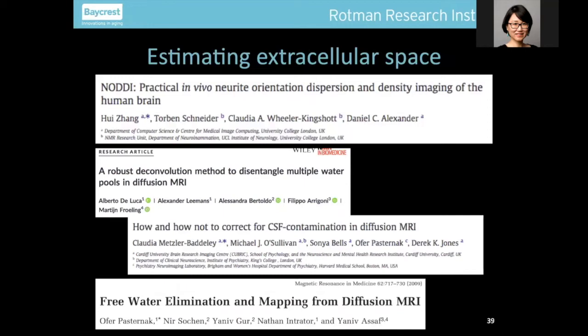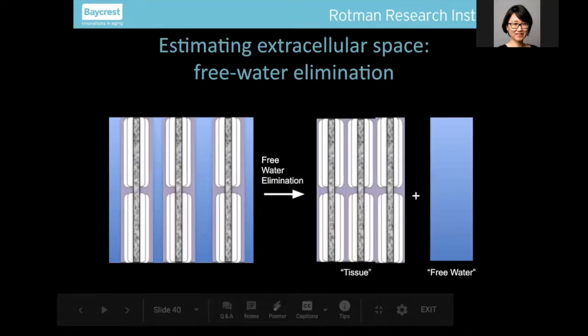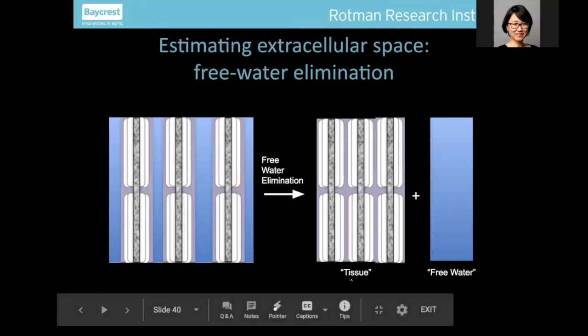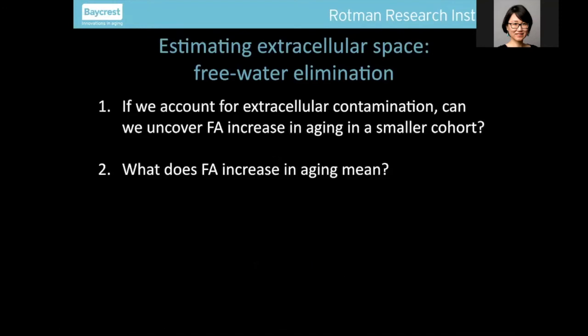So how do we propose to separate the two spaces? I mentioned free water imaging before. These are some of the papers using this technique. It's becoming increasingly adopted, and we're proposing to separate out the cellular and the extracellular compartments.